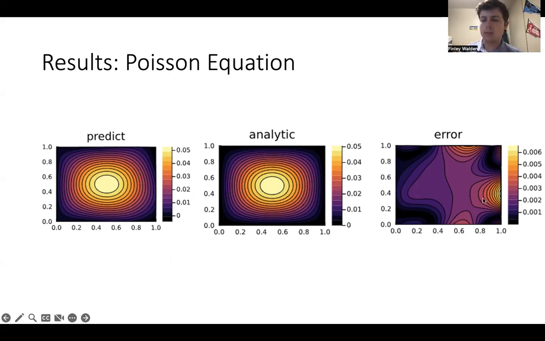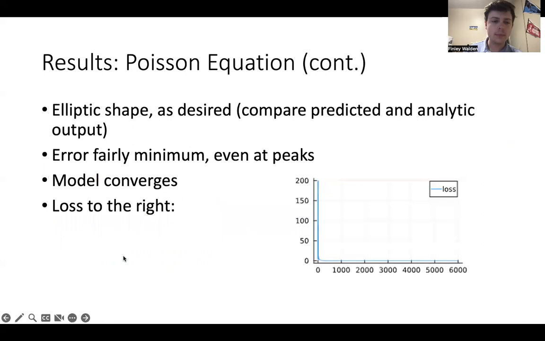In terms of the major peaks in error, there are really only three, both as x and y approach 1 in slightly different spots, but both around the middle of the other variable's range, just sort of on the boundaries, on the edge of the actual graph. But overall, it's very clear to see this output is what is desired. It's the elliptic output. And so the error is fairly minimal, even at peaks.